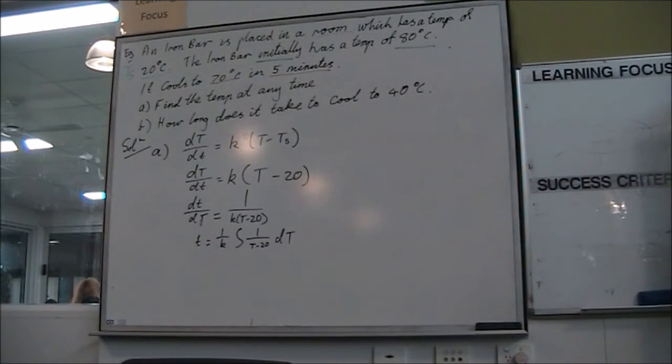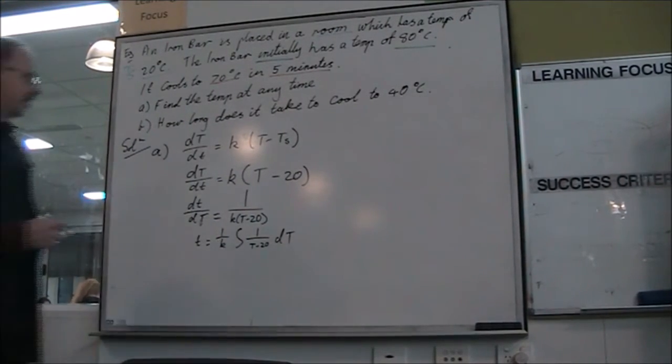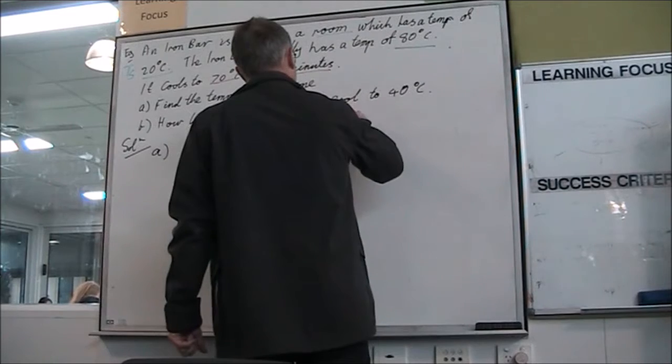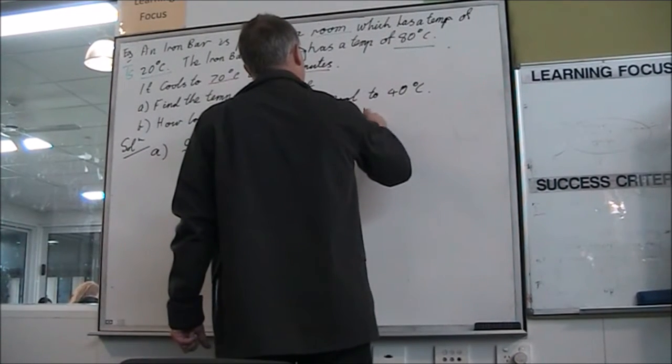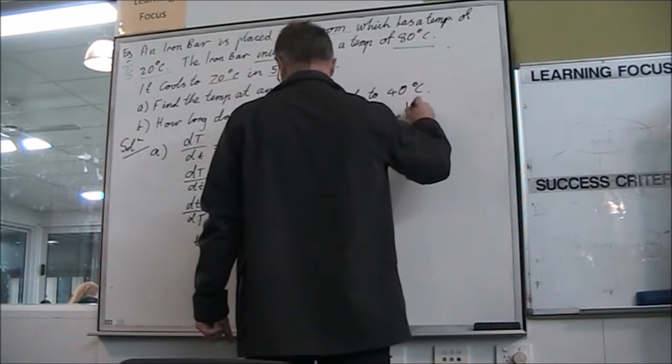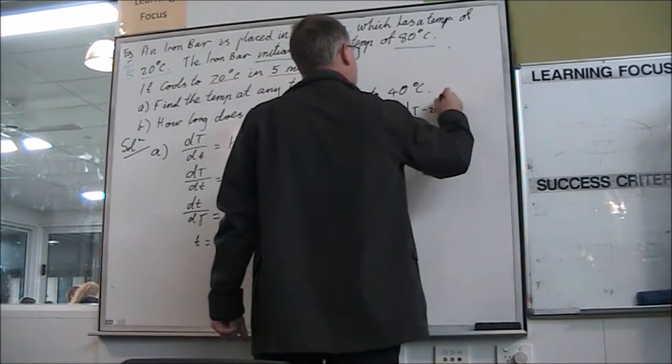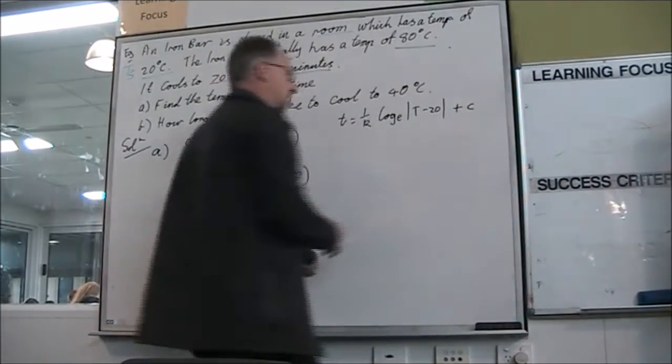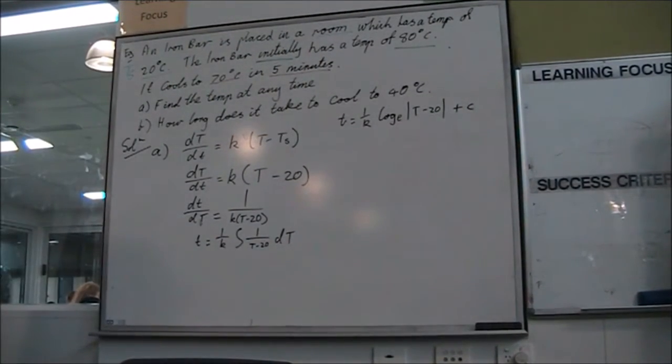What do I get when I anti-differentiate 1 over T minus 20? Anti-differentiate 1 over, it becomes log, yep. 1 on k, log to the base e, T minus 20, plus some constant. All right. So now we've got 2 bits of information.